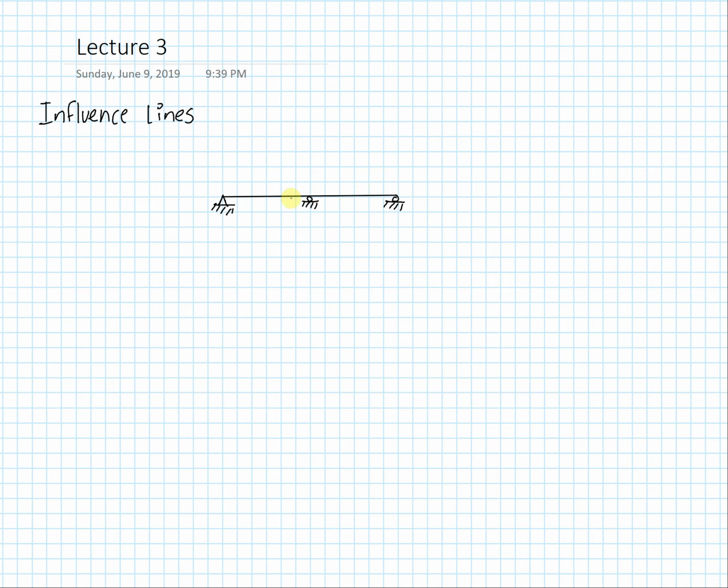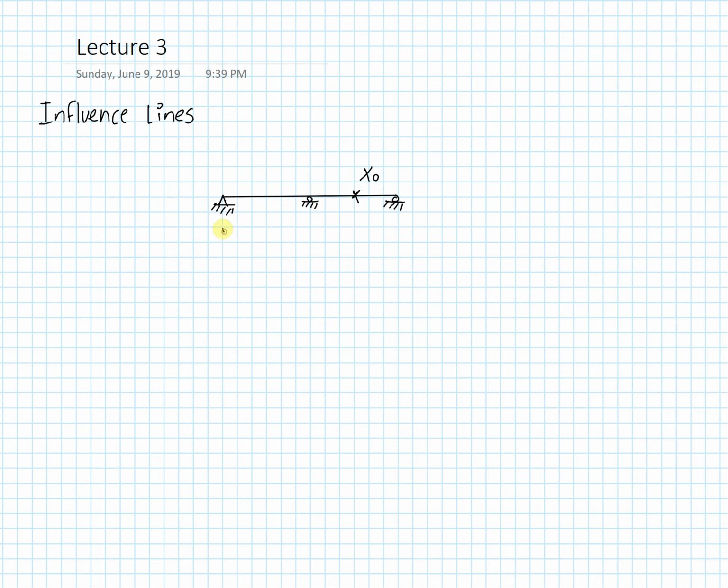I have demonstrated a two-span beam here, and I'm telling you that I have a location, a point of interest referred to by x naught, and I'm interested in asking the question of what's the maximum shear and moment at location x naught introduced by a force at location x.